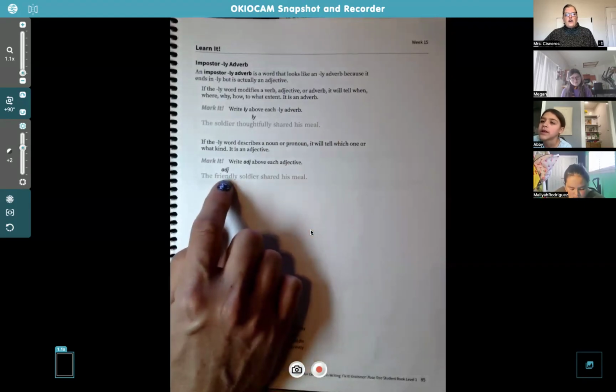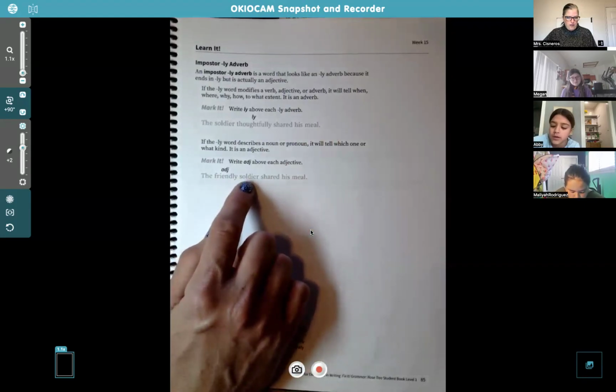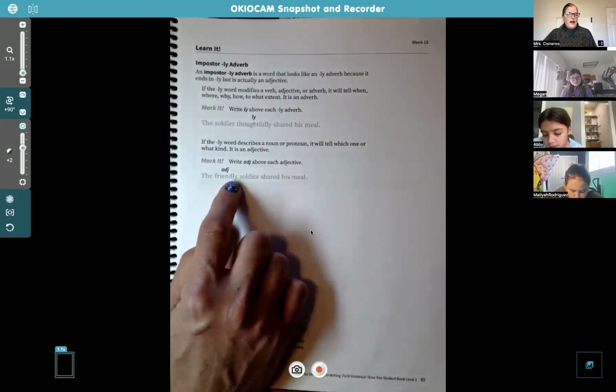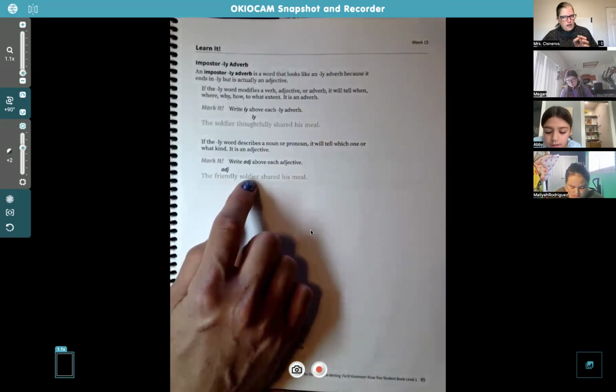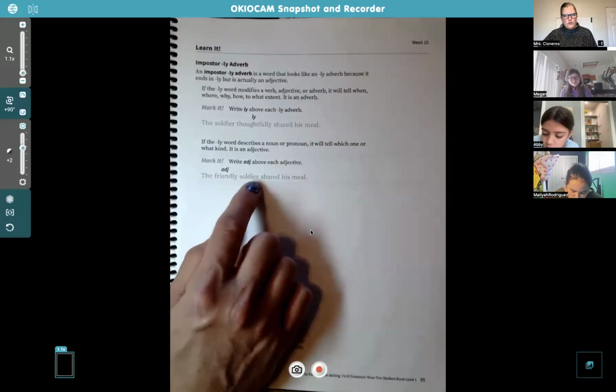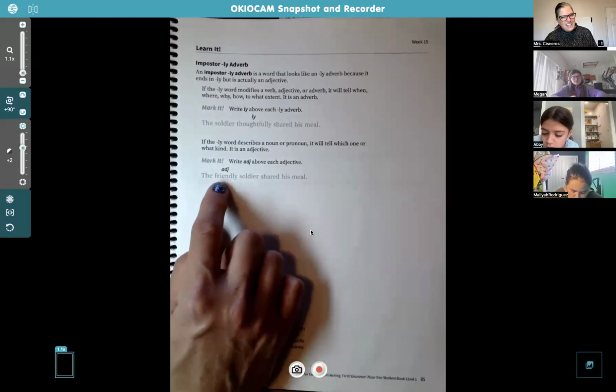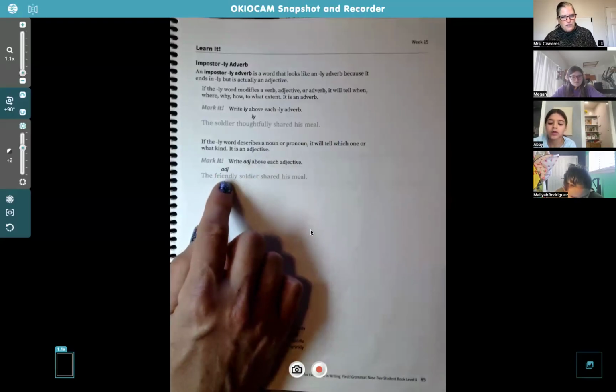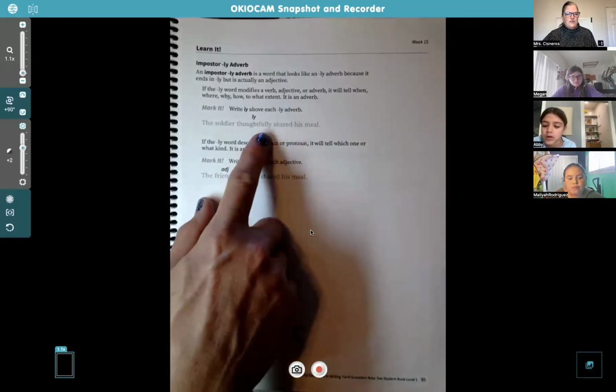So it's talking about the soldier here. Even though it has an ly, it's telling about the soldier, and the soldier is a noun. We know that because person, place, thing, those are the nouns, right? A soldier is a person, and it's telling what kind of soldier it is. It's a friendly soldier. So friendly is not an adverb here, it's an adjective. That's what they want you to notice, the difference.